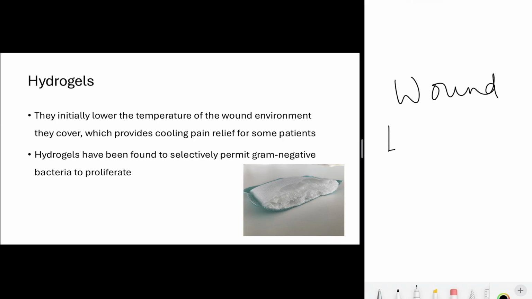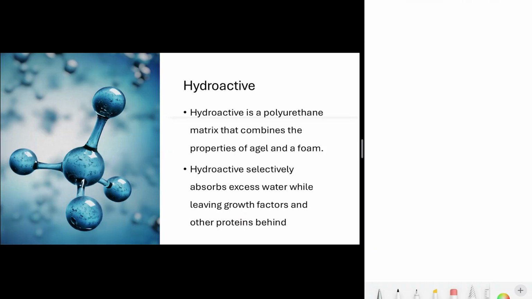So hydrogels are usually used for dry wounds, and they initially lower the temperature of the wound environment they cover. Because of this, some patients may feel a cooling pain relief. And hydrogels have been found to selectively permit gram-negative bacteria to proliferate, which is the disadvantage of the hydrogel.